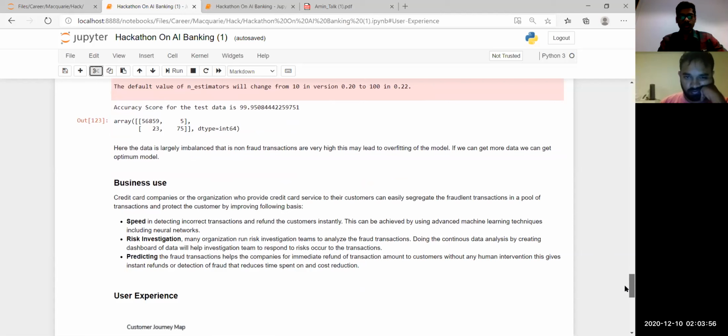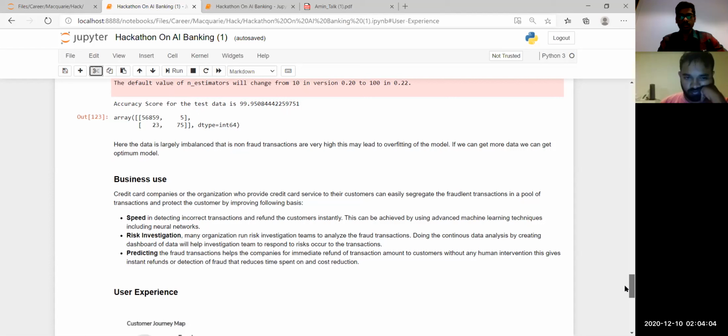We also made a business use case for this. In order to use this model for business purposes, we can achieve mainly three things: speed, risk investigations, and predictions. In speed, we can detect incorrect transactions and refund the customers instantly without any delays.